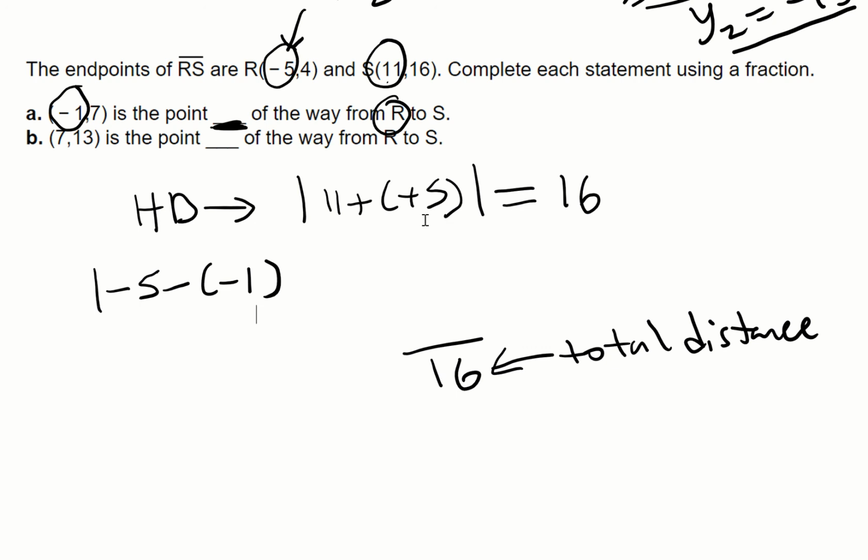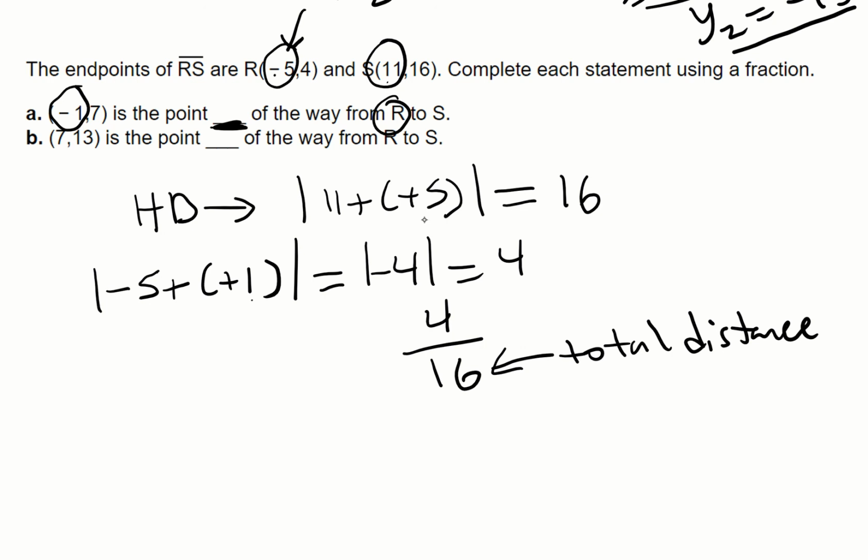So we subtract those two together under an absolute value. And then this double negative becomes a positive. -5 plus 1 is -4. And then the absolute value of -4 is 4. Okay, so that's how far it is from this point to R when you're talking about the x's. And so that's going to be 4. So it's 4/16 of the way from R to that point.